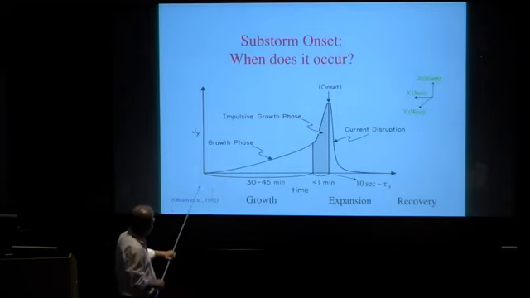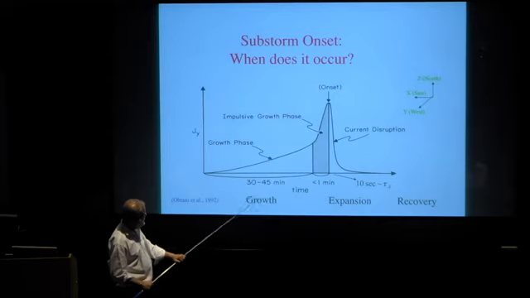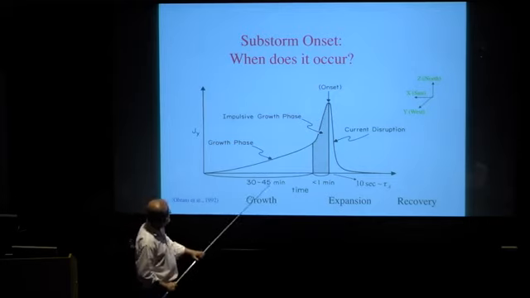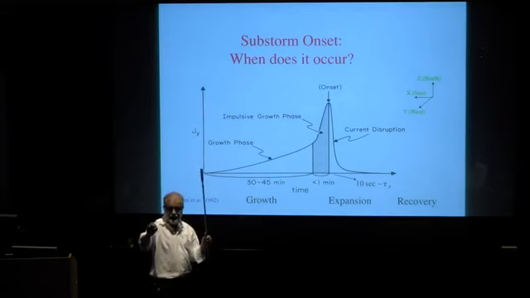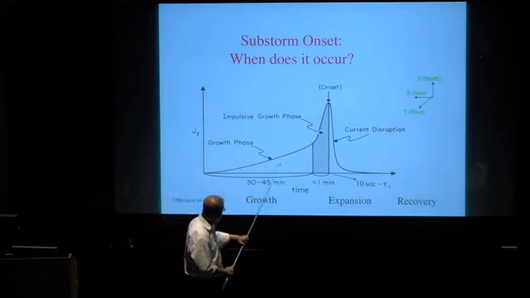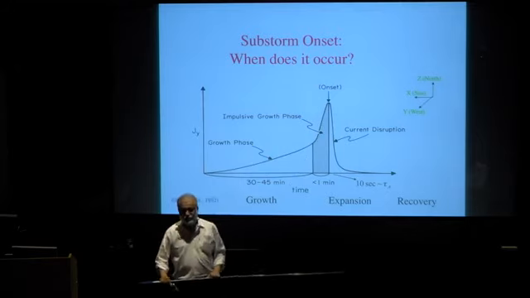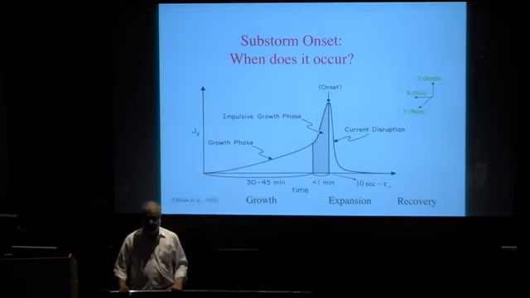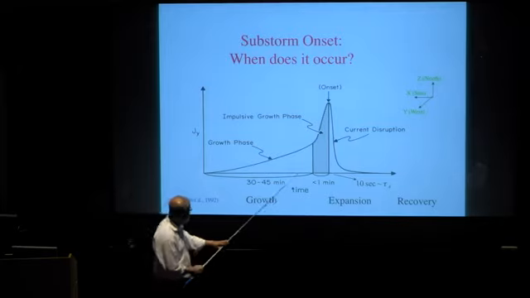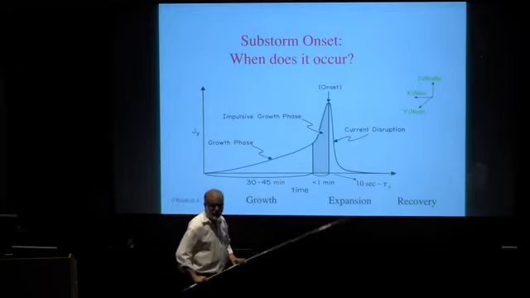And what Otani did, he drew schematically a picture of what actually occurs during a substorm. He showed, in fact, that at distances of about 10 Earth radii, the current density goes through a slow algebraic period of growth for 30 to 45 minutes. And then, over a very short period of time, there is a sudden enhancement.